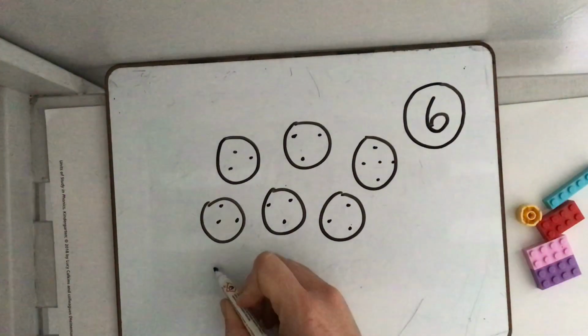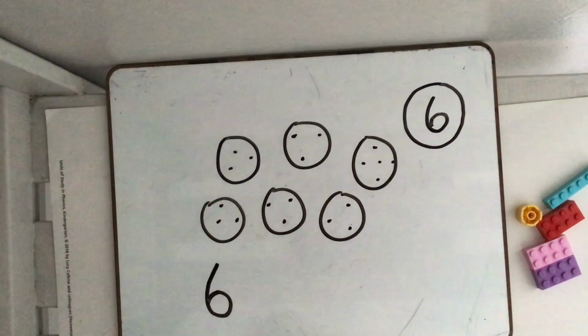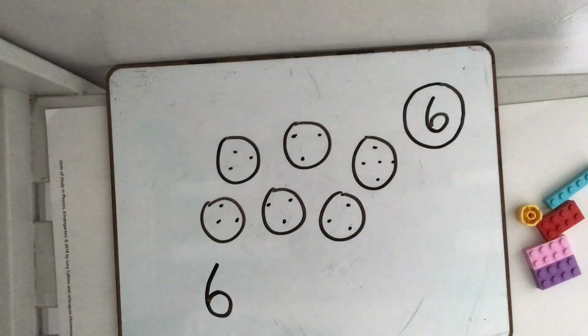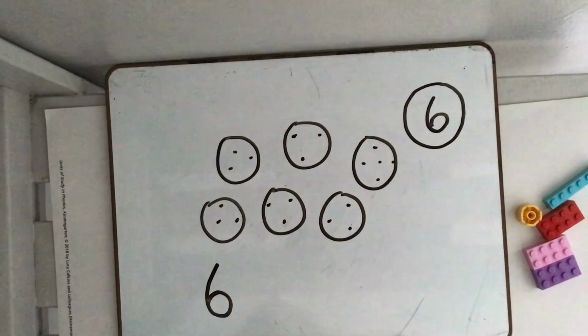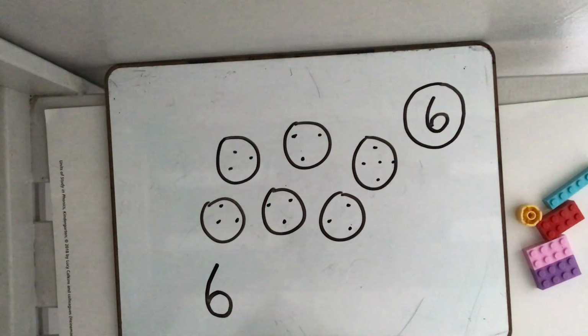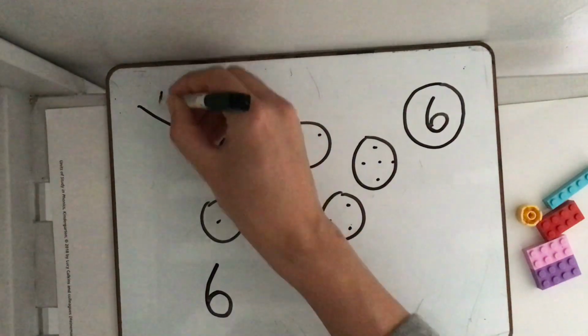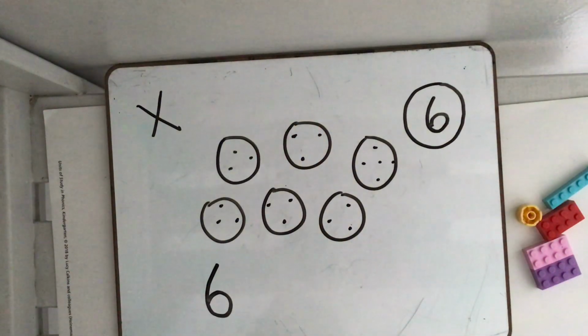Okay, now if I eat some and I take them away from here and I just erase them, I might forget my whole was 6. So instead of erasing, what we do when we subtract is we do something called cross out. It's just a neat little X on top. So let's see, how many should I eat? Well, I started with 6. I got real hungry and I ate 4.